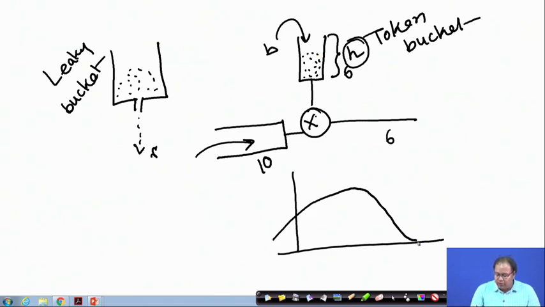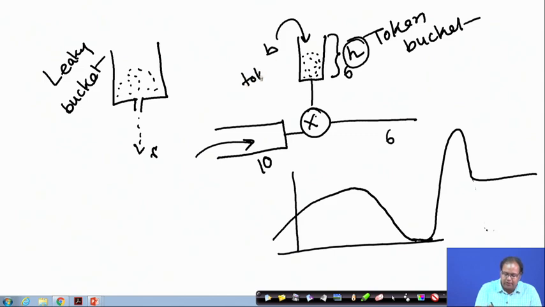The moment you get some new packet, immediately you can send a burst of packets all together, and then after sending this burst of packets, you can start doing the regulation based on the token generation rate. Okay. So, you are generating the token at b tokens per second. So, that is the difference between token bucket and leaky bucket.